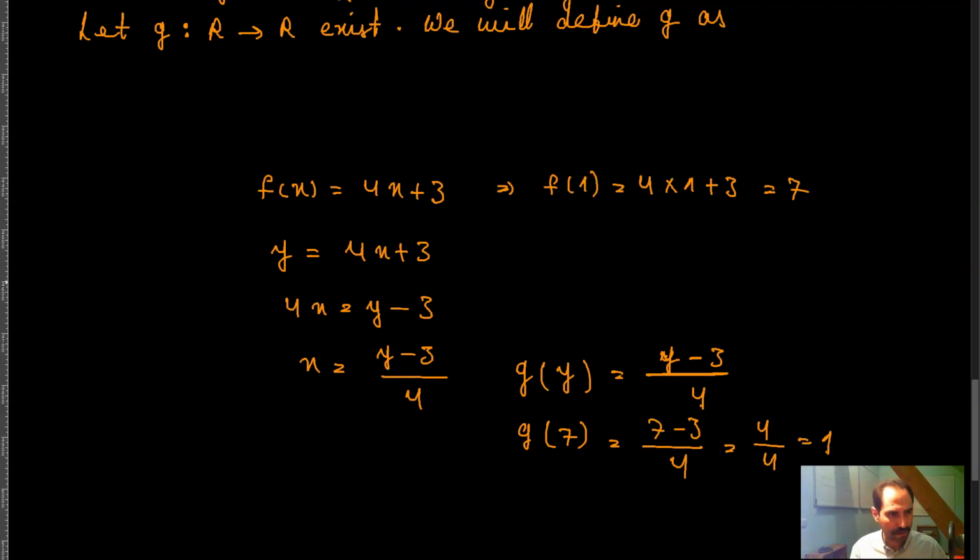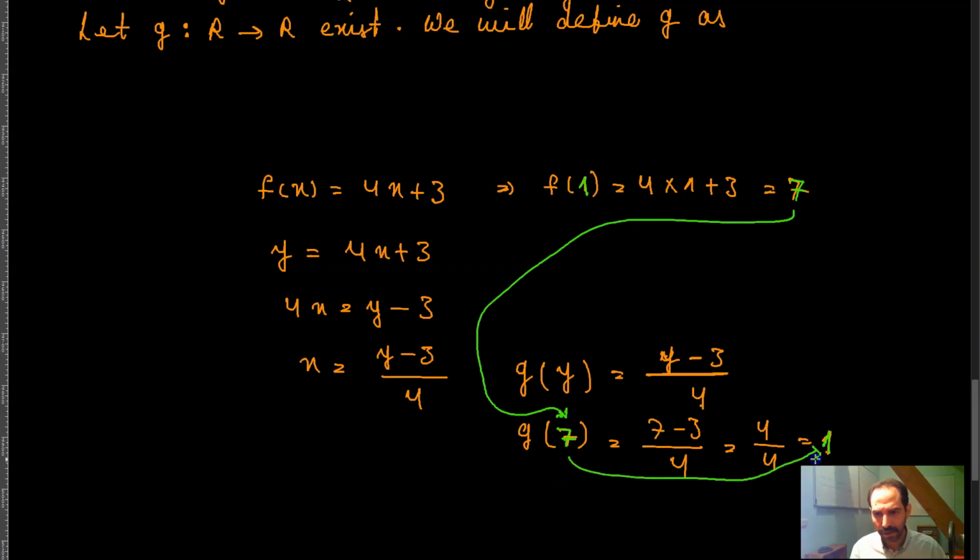So you see, this function gets me from 1 to 7, and if I input this 7 into the other function, it gives me the 1 back that I started with. It's like a cycle, right?